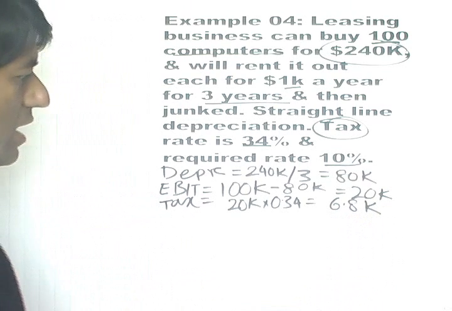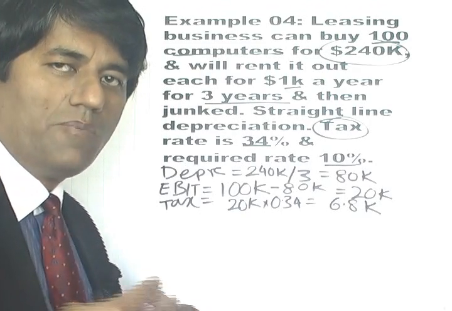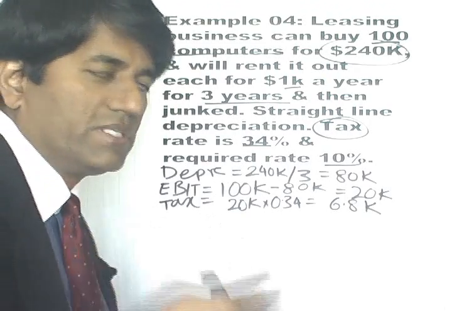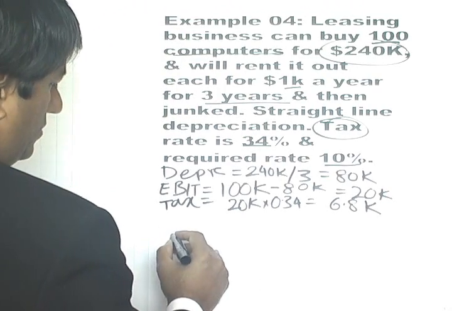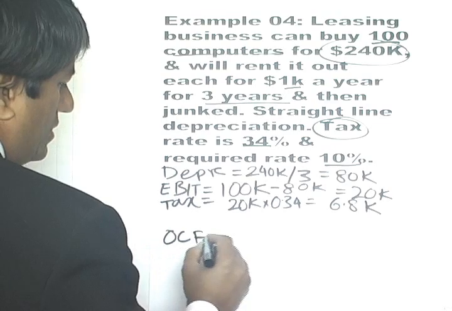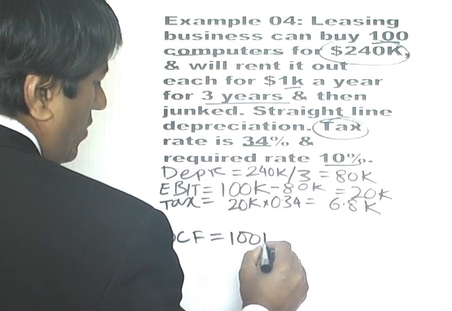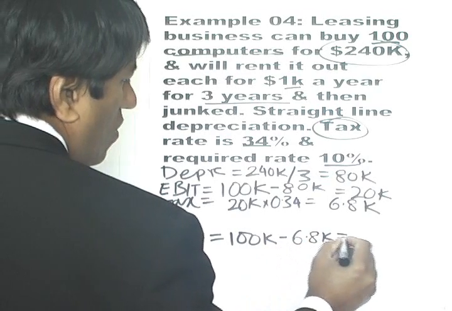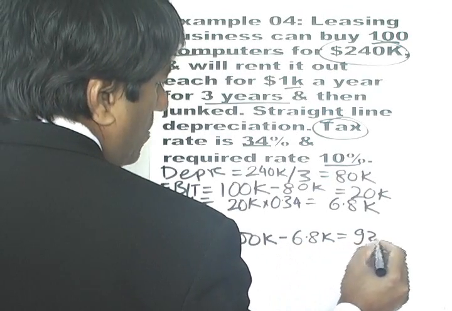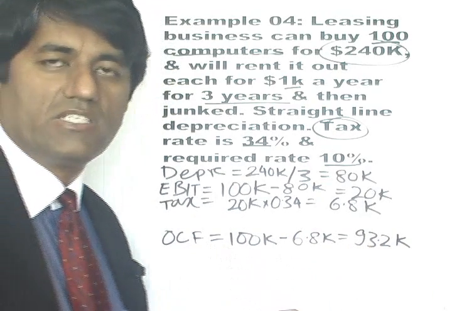And now you can calculate how much net cash this project produces, and the amount of net cash, or you call it, let's say, operating cash flow, is going to be 100K minus 6.8K, or that's 93.2K.